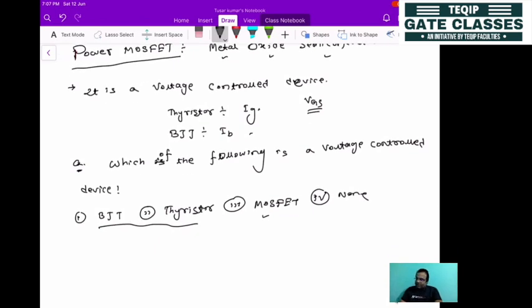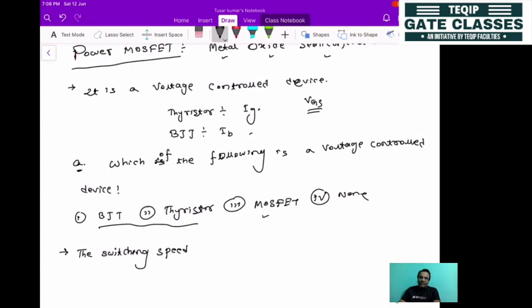And the second thing about the MOSFET is that you'll find the switching speed is very high. The switching speed means the switching frequency. Because you know that these devices are used as power electronic switches, continuously they will be switched on and off.